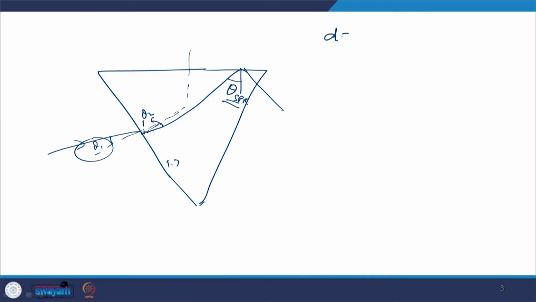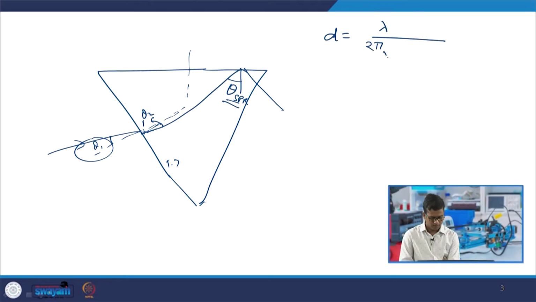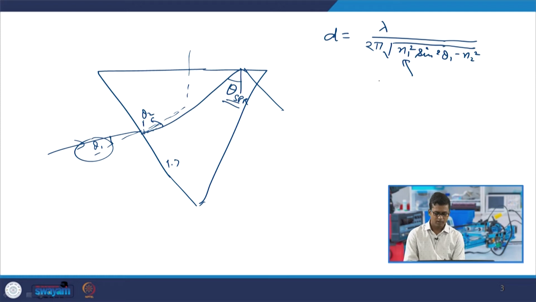Here please note the index thing, if you remember. D was equal to lambda upon 2 pi under root n 1 square sin square theta 1 minus n 2 square. If n 1 is small, then what will happen?